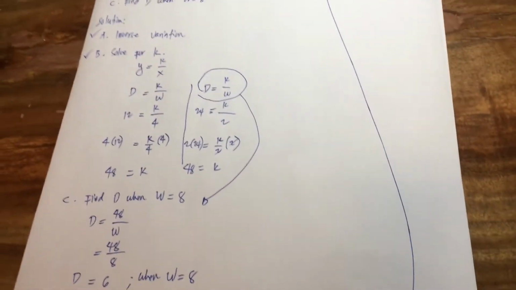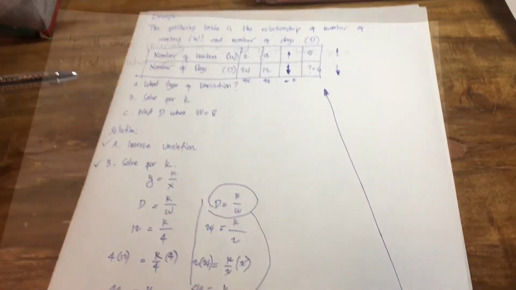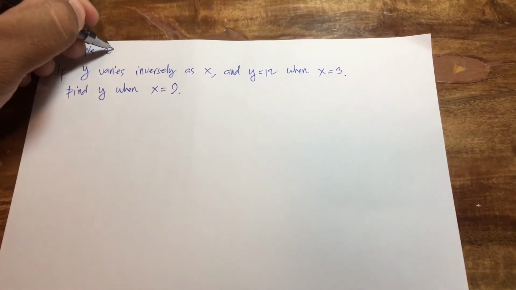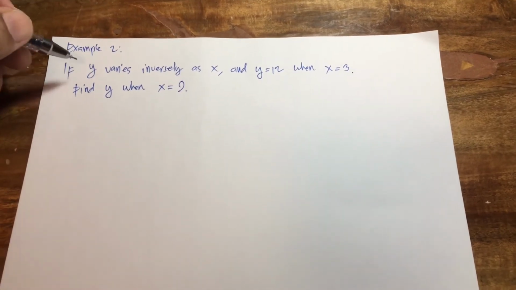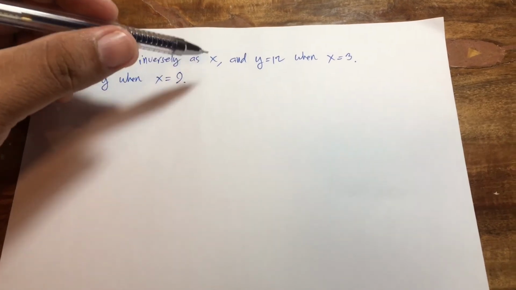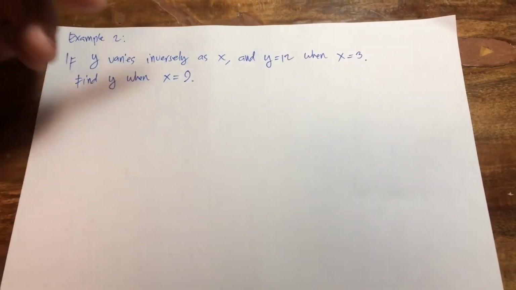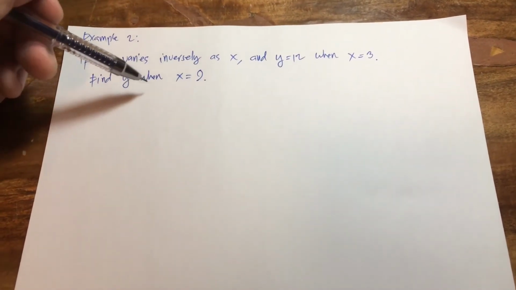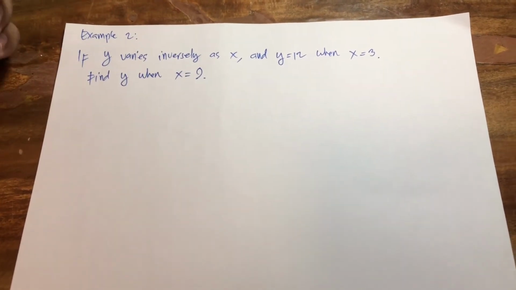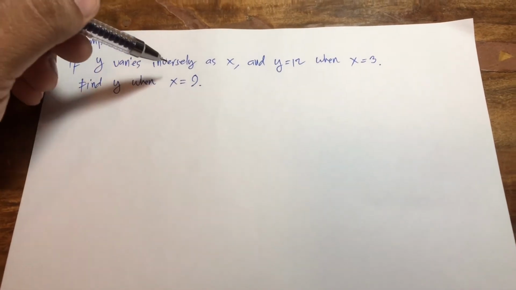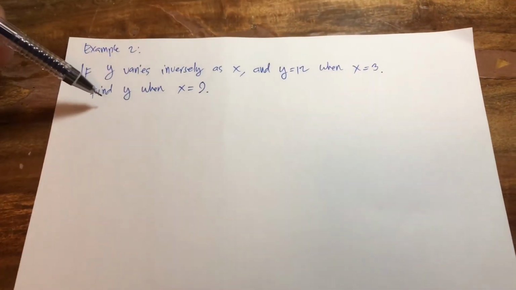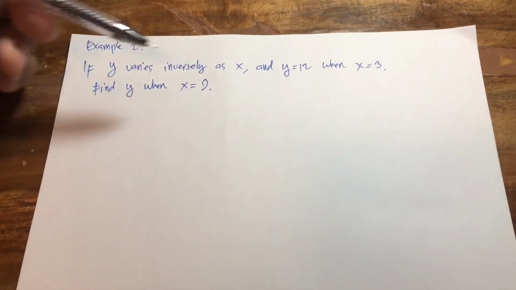Okay, I will give you the last example. Example number 2. This is our last example. Here we go. If y varies inversely as x and y equals 12 when x equals 3, find y when x equals 9.